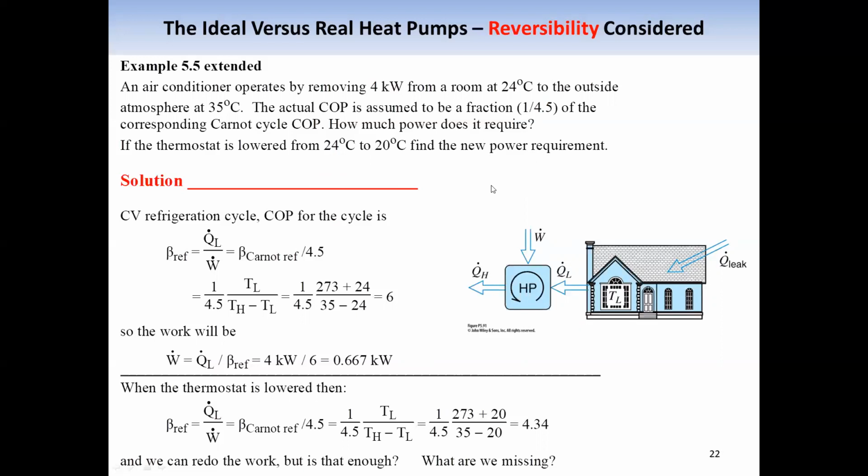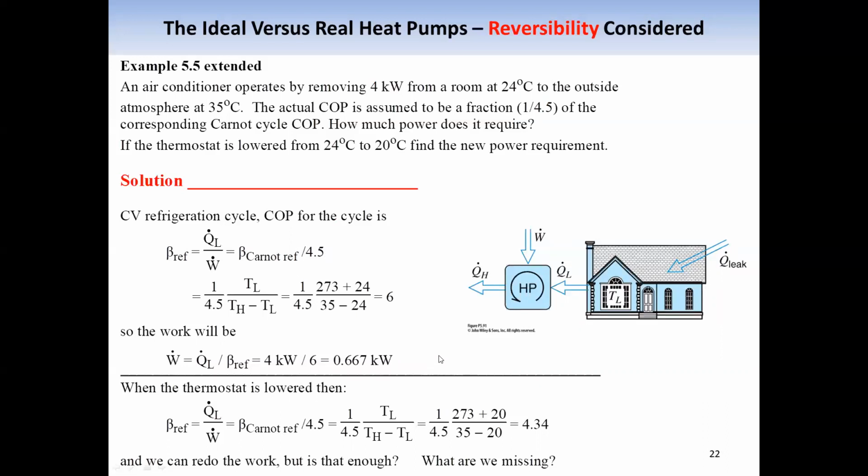We already know the actual COP for this non-ideal air conditioner is a fractional number of what we estimated before, which is 6. And then we can use the definition of COP to estimate the required work.